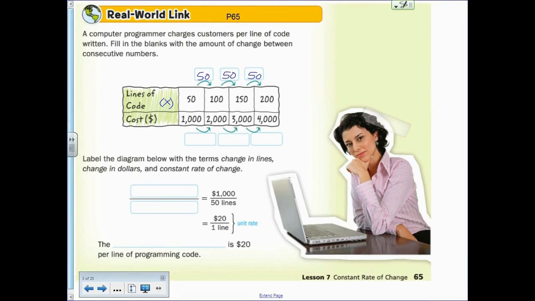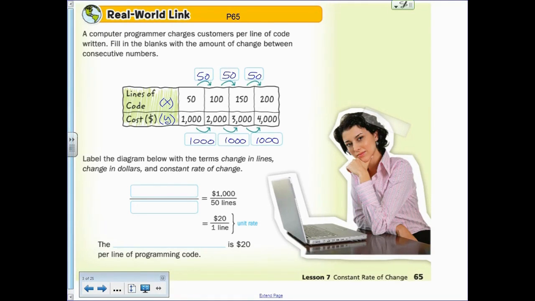In the second line, the cost, Y, is going up by 1,000s, from 1,000 to 2,000 to 3,000 to 4,000. So as my X number changes by 50, my Y number changes by 1,000.